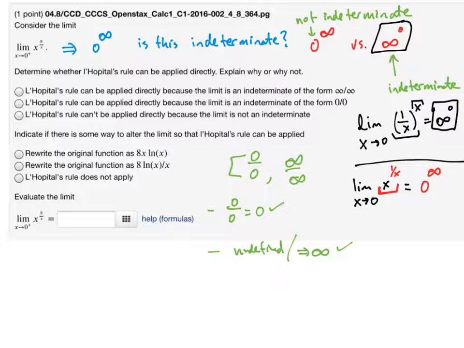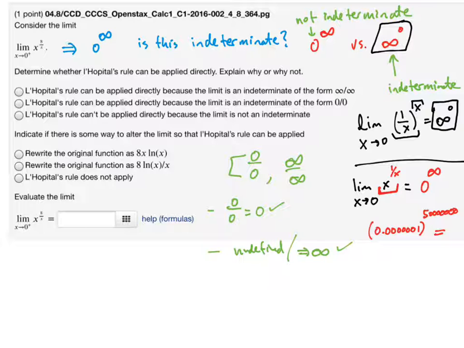So when I have a base number that's getting really close to 0, or essentially 0, a really small number, no matter what exponent I raise that to, and it doesn't matter how big my exponent is, this whole expression is getting smaller and smaller.